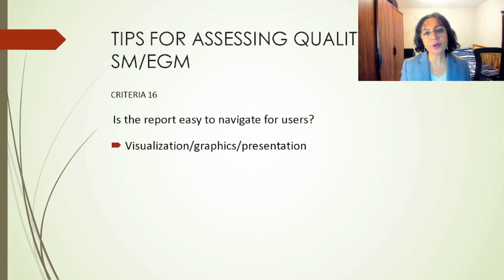So this is an important criterion because, unlike systematic reviews, a systematic map is more of a visualization type of presentation. So the graphics, what software they used, and how clearly they have visualized. We know there are software available like Tableau, EPPI-Reviewer, and 3ie has their own software, but whatever software they are using, it should be easy to navigate.